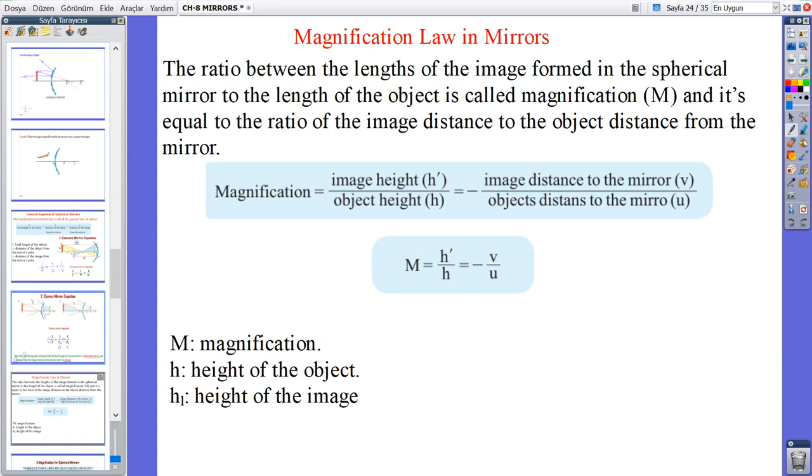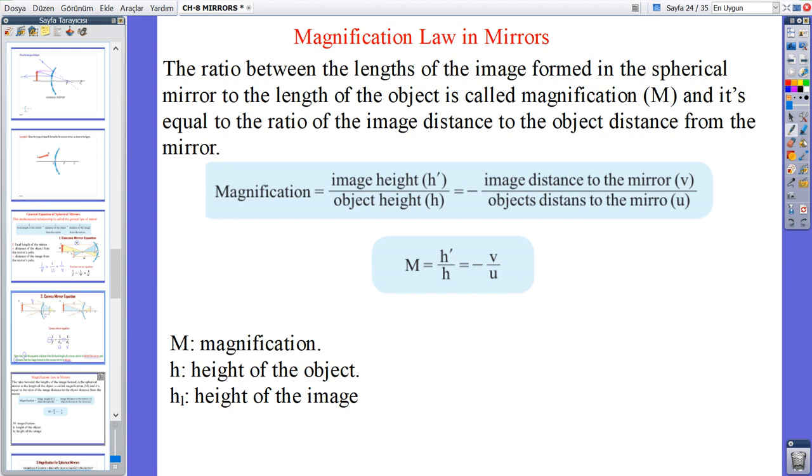And another and last equation about the mirror: the magnification law in the mirror. The ratio between the length of the image formed in the spherical mirror and the length of the object is called magnification.